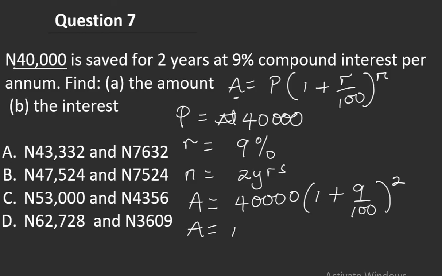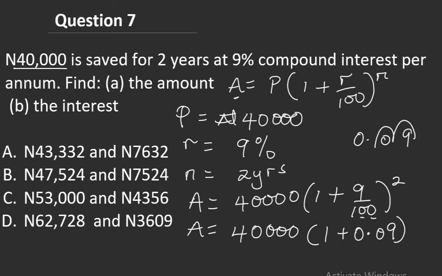Amount is equal to 40,000 bracket 1 plus 9 divided by 100. 100 has 2 zeros, so you just count 1, 2, and put your zeros. So we have 1 plus 0.09 squared.